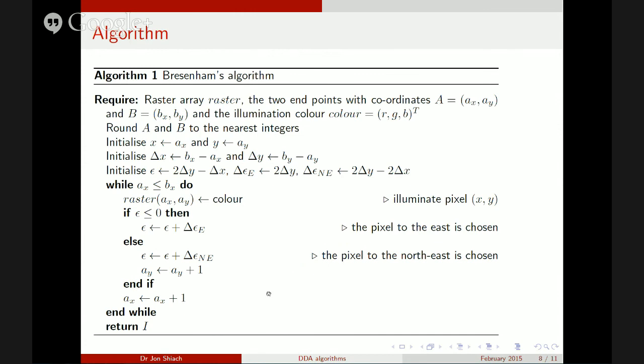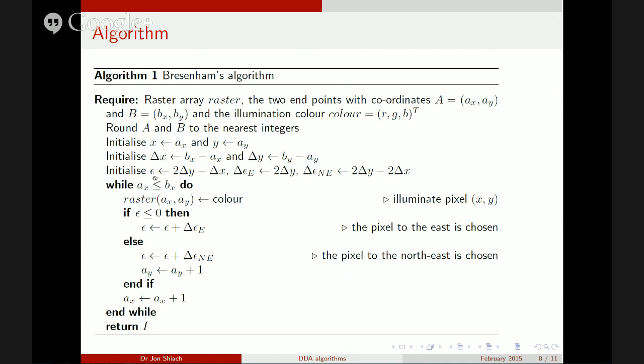Let's say we have 2 endpoints, A and B, and we have a raster array. Like with the DDA algorithm, we round A and B to the nearest integers, so they fall exactly on a pixel. We start with x and y being the start pixel A. We calculate the change in x and the change in y, and then we calculate our errors.